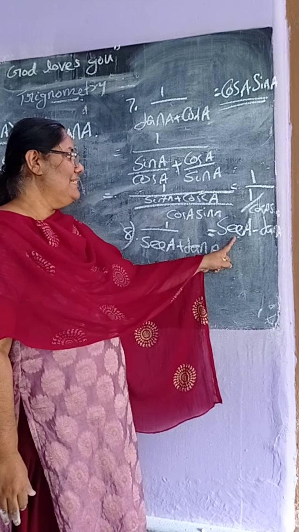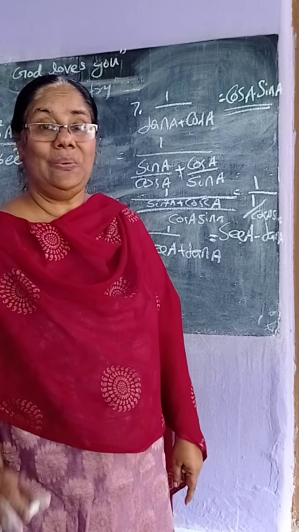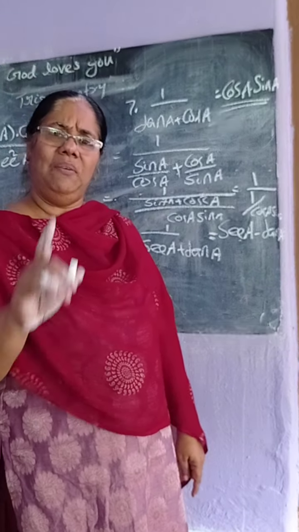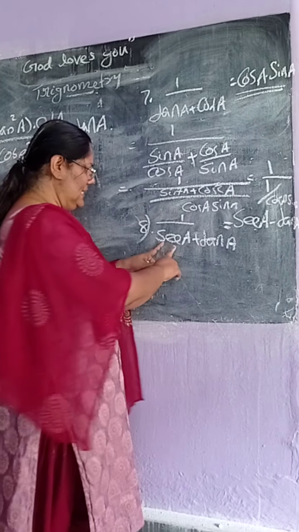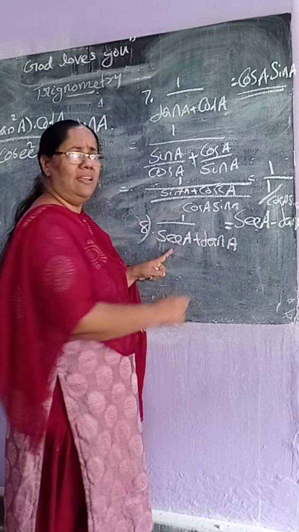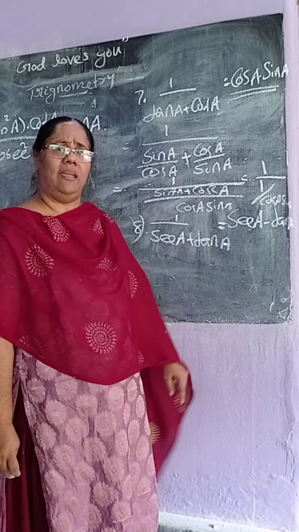What is the answer? Sec A minus tan A. No sin and cos there. But we know, what is the relation connecting sec A plus tan A and sec A minus tan A?